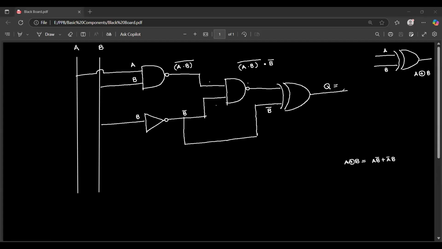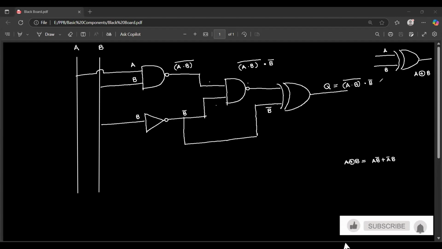So what will Q be equal to? Well, we have A dot B whole thing bar dot B bar, and here we have B bar. So it can be given as A dot B whole thing bar dot B bar XOR B bar. Now we can expand and rewrite it in this format.